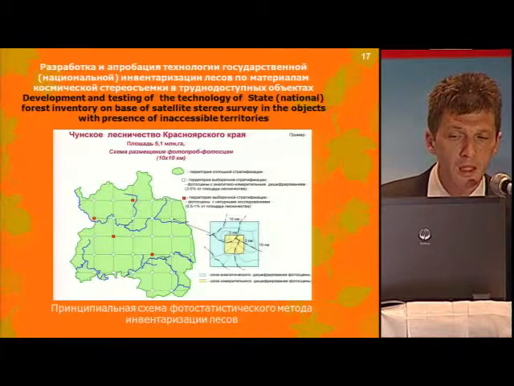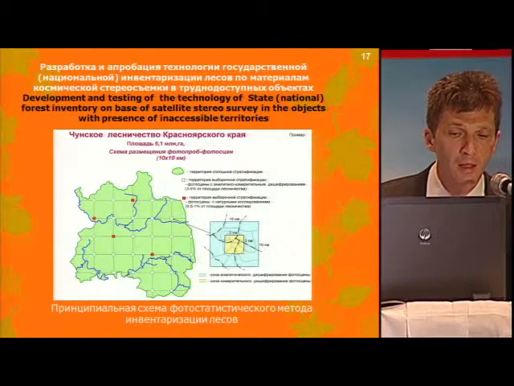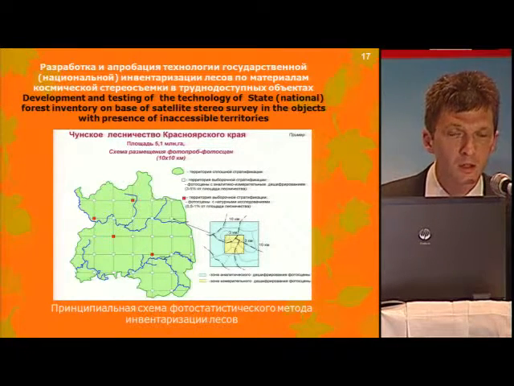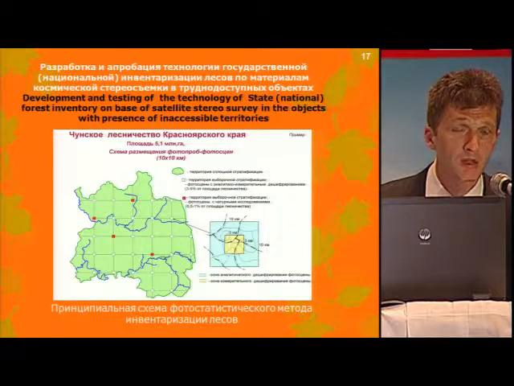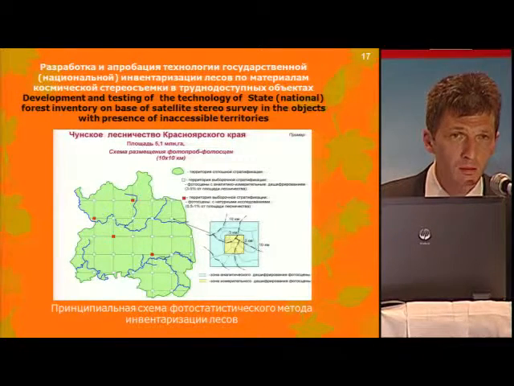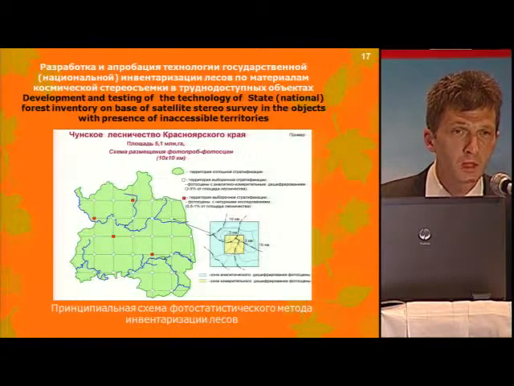And there we suggest, for state inventory of forests, using the method of photostatistical inventory of reserve forests, which was used quite broadly during the 1980s, 1990s in the Soviet Union, based on the materials of satellite stereo imagery.